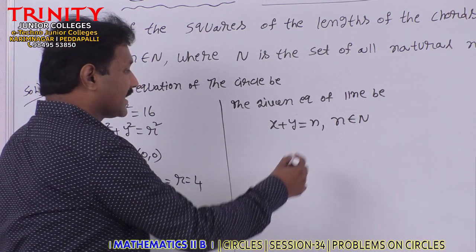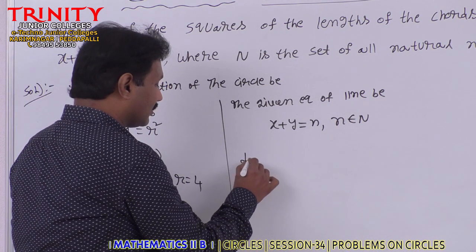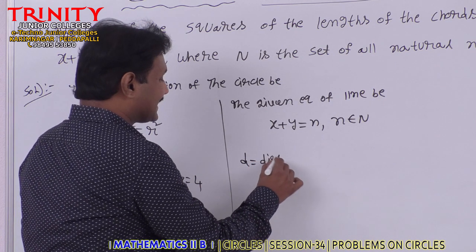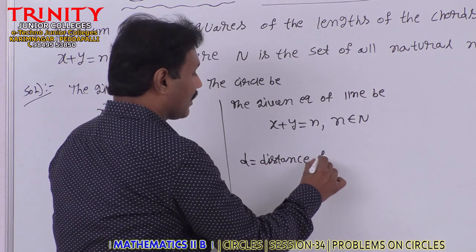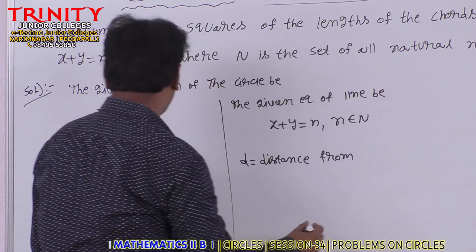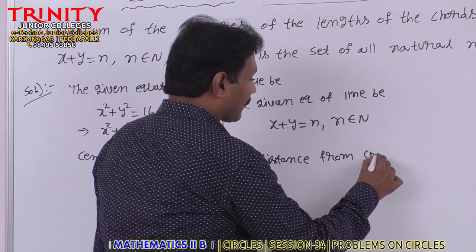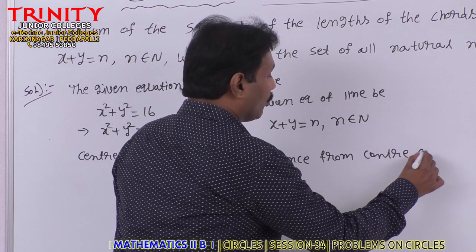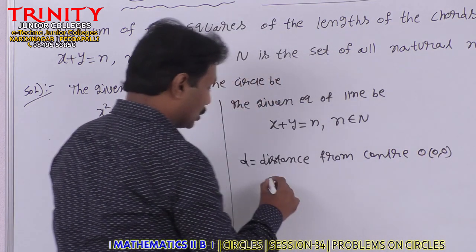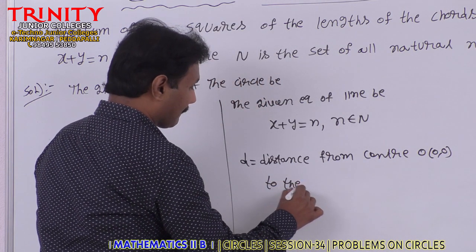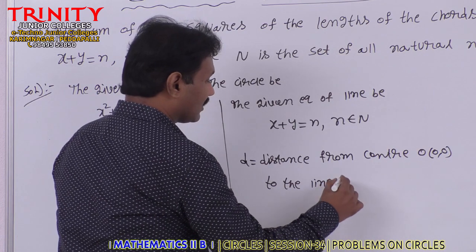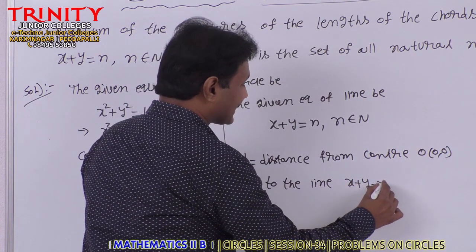We find the distance d from the center O 0, 0 to the line x plus y minus n equal to 0.